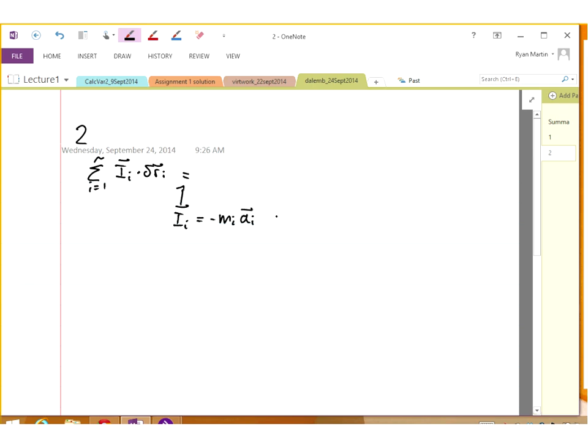All right, that was from the Newton's law term. And to use our notation, we want to write this as m_i r_i vector double dot, because acceleration is just 2 times the time derivative of the position vector.